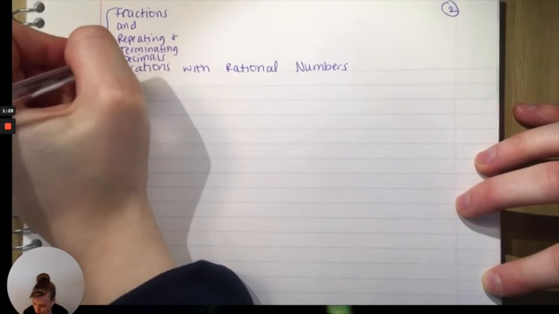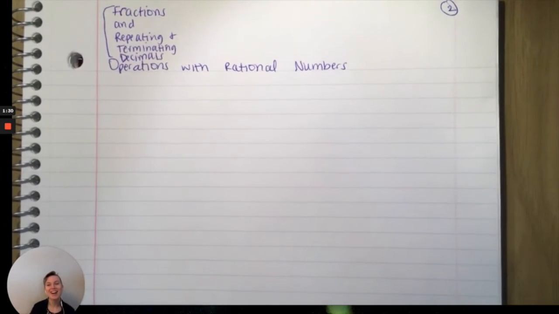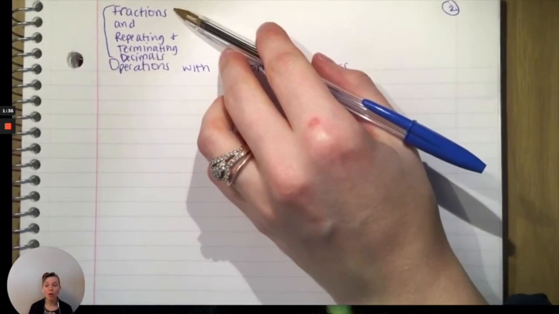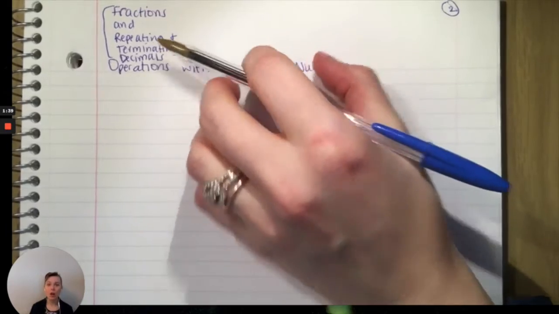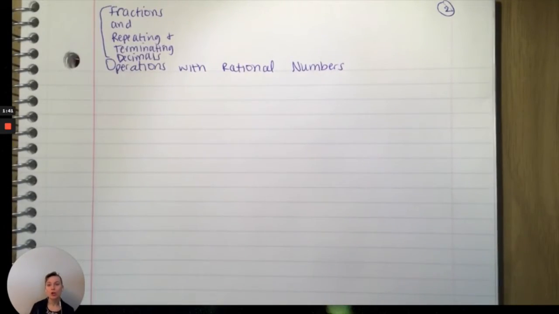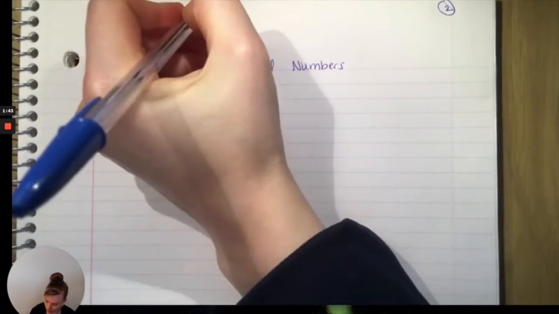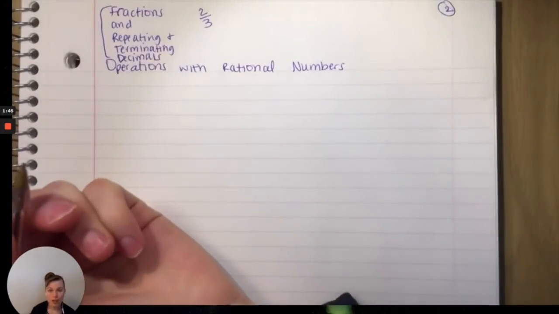FARTED, if you want the acronym. So this is all of rational numbers. What are they? Rational numbers are fractions, and all fractions can be written as a repeating or terminating decimal. For example, 2/3 would be a repeating decimal.